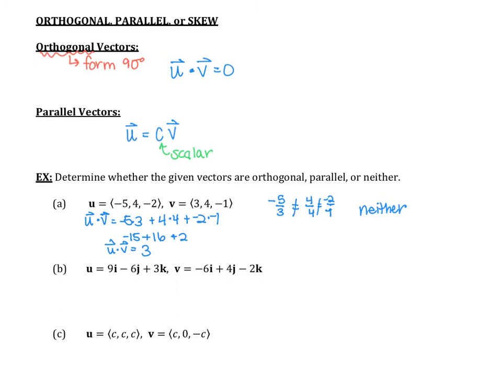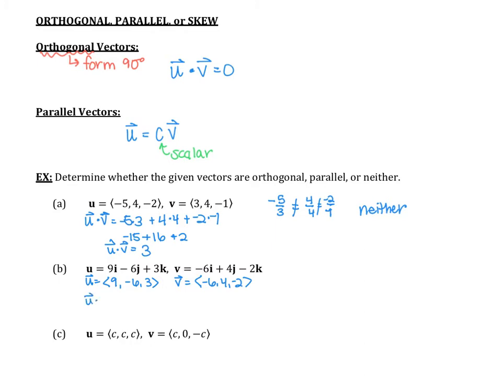Okay, for the first one, if we look at the component form, for u we have 9, negative 6, 3. For v we have negative 6, 4, negative 2. The first thing that we do is determine their dot product.